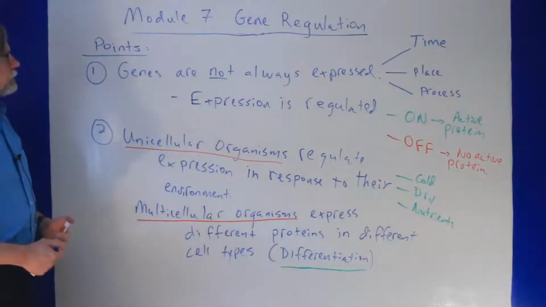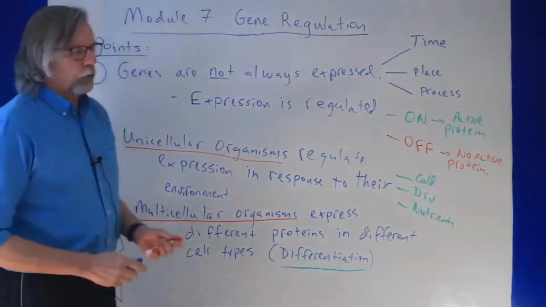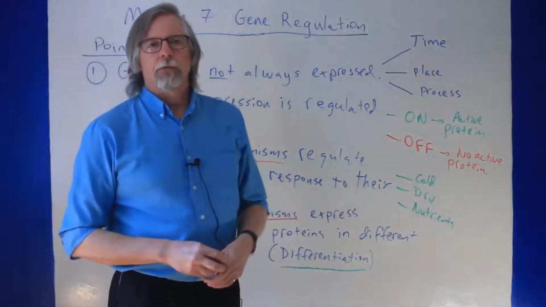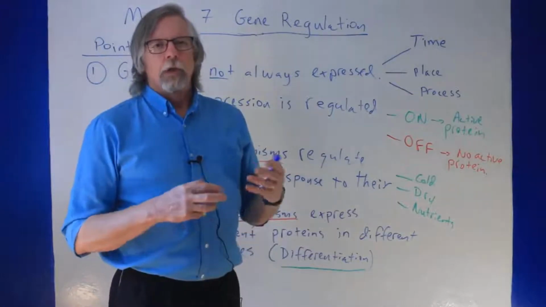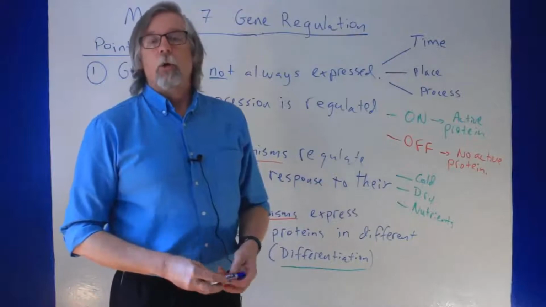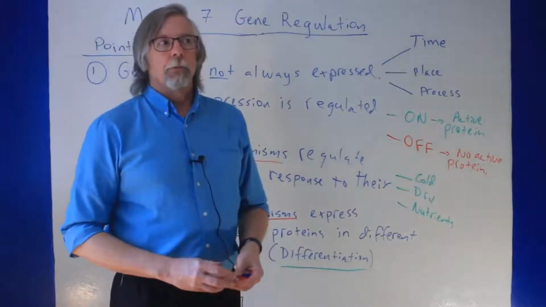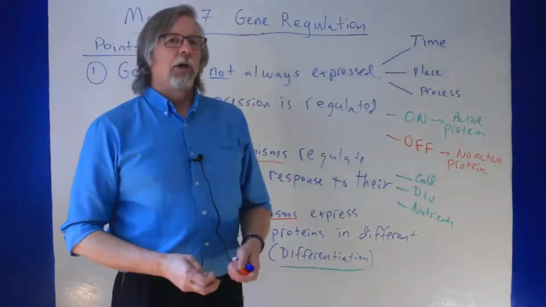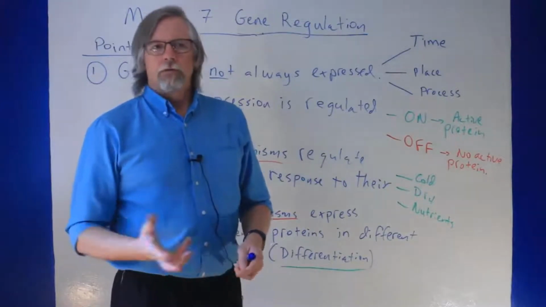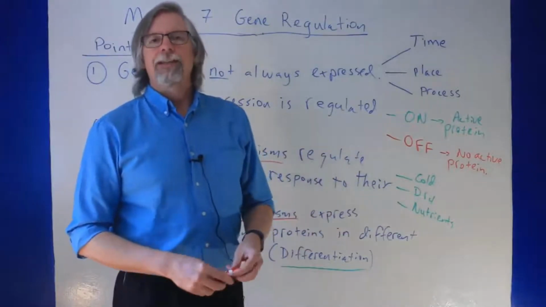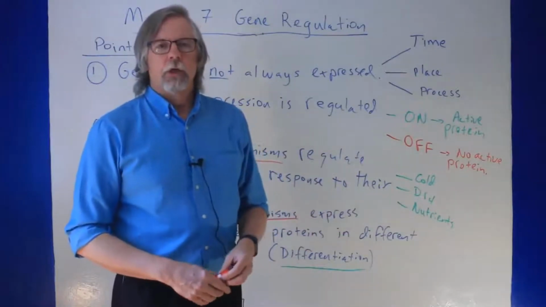The first point is organisms are equipped with more genes than they need at any given time or place. So it's not the case that all the genes that an organism carries are always on. Some of them at any given time and place are on, but the majority usually are off. Some genes produce proteins that are needed only in certain situations.